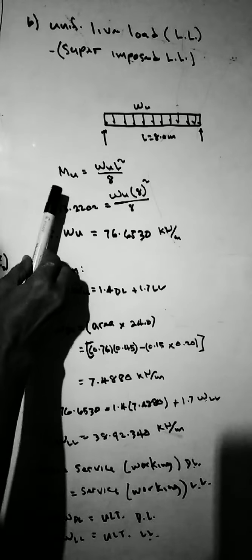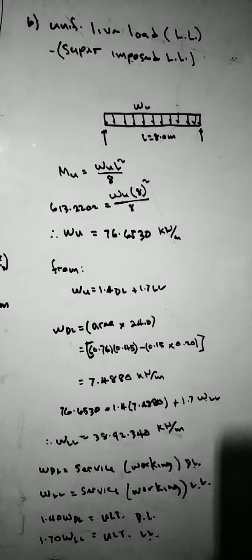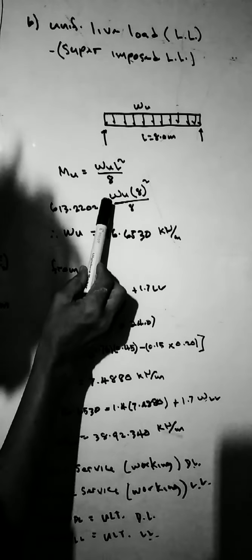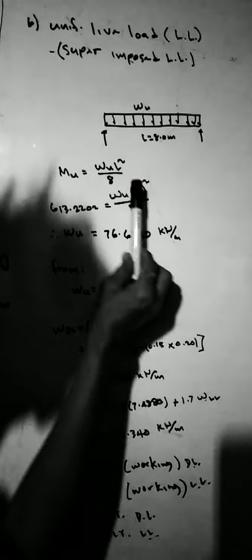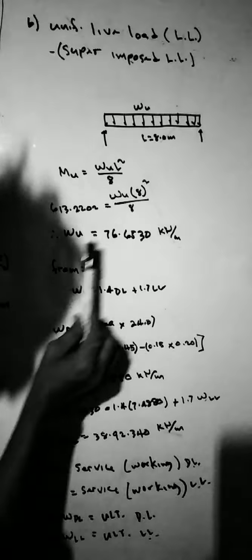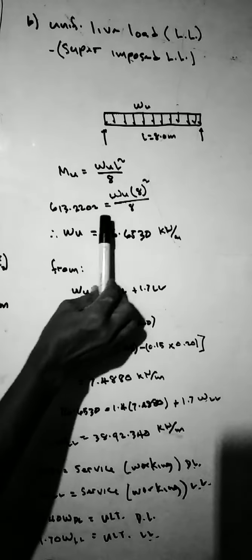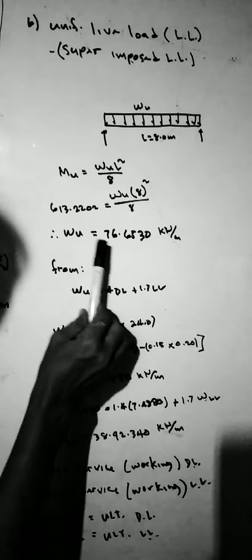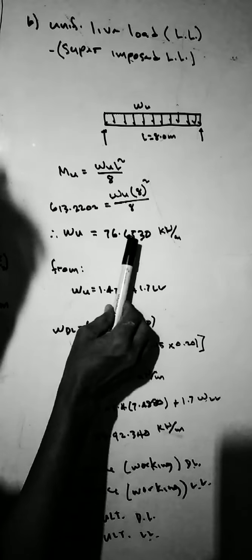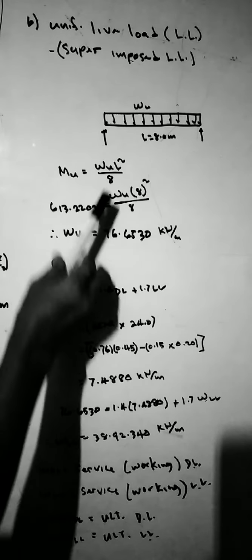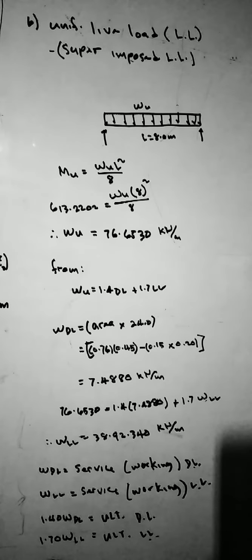So we have the moment here, 163.2202 equals WU times the span L, 8 squared over 8, and computing the value of the ultimate uniform load, we have 76.6530 kilonewton meter. So that is the total uniform load carried by the section.